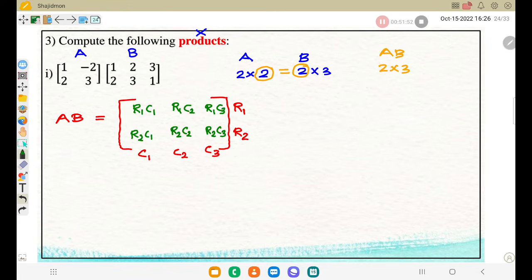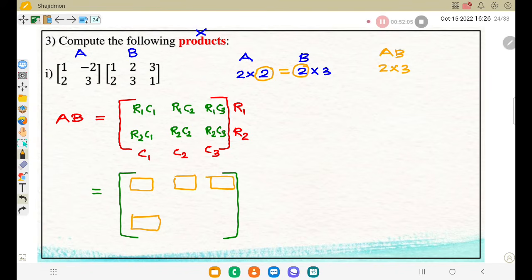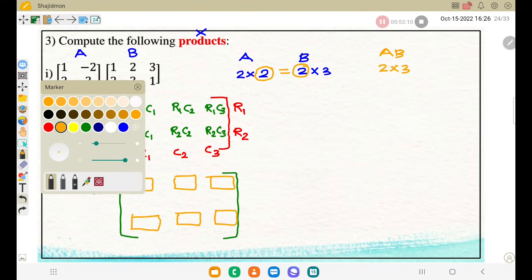We need to find these 6 numbers. Now we will start the calculation.